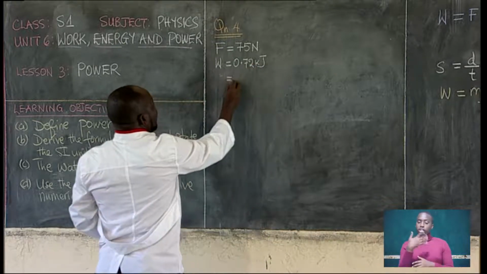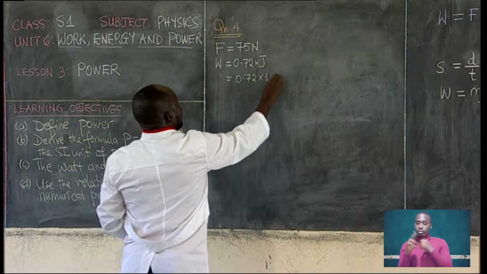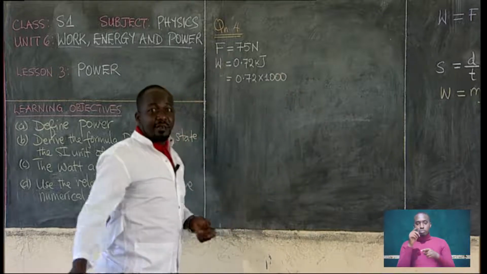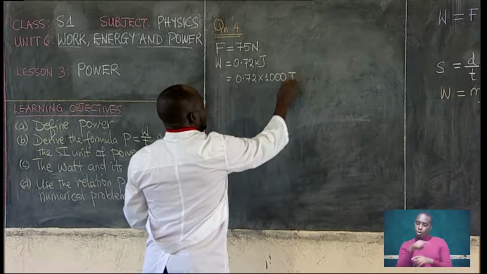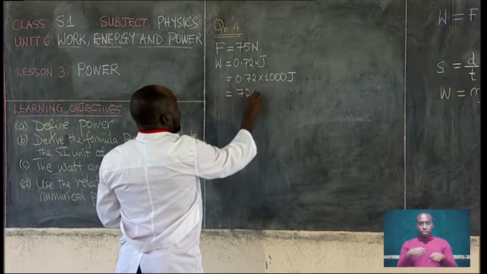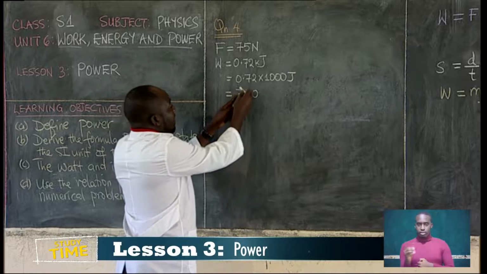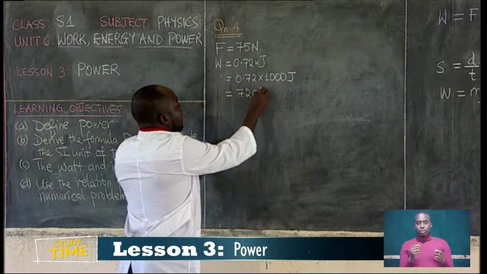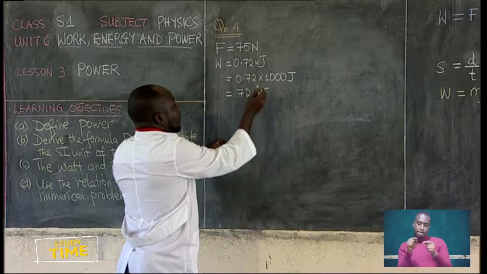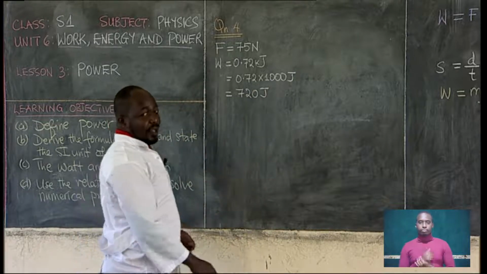And changing it into joules means you have 0.72. Kilo means 1,000. So we multiply that by 1,000. And that is joules. And according to me, this is going to be 720 because the decimal point was here. We move it 3 places. 1, 2, 3. So it is 720 joules. Okay? Then we continue.